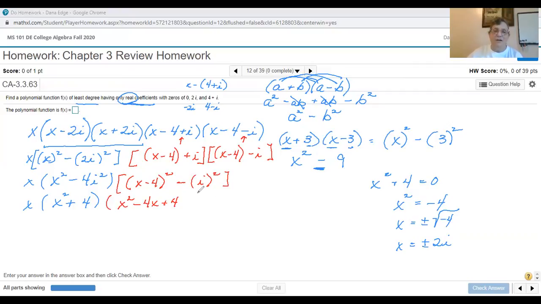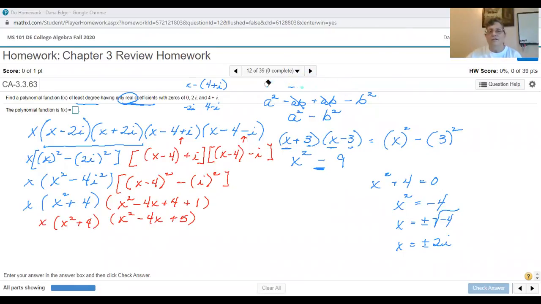Minus i squared is actually the same thing as a plus 1 because it's minus negative 1. So this is going to be x squared minus 4x plus 5 times x squared plus 4 times x.